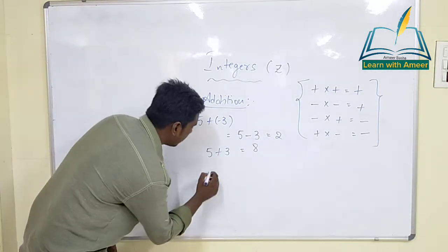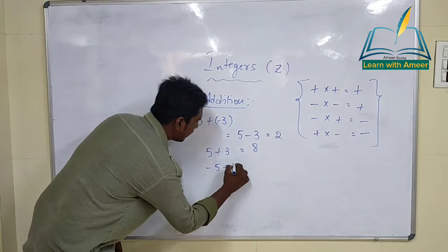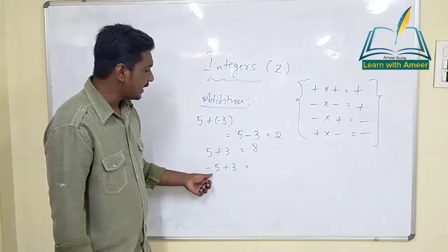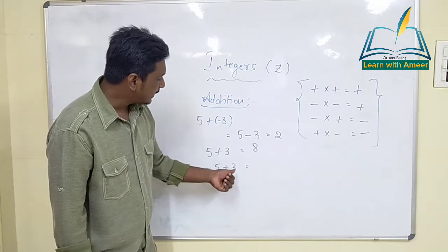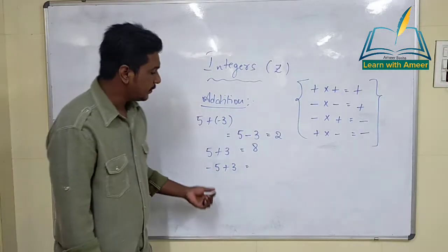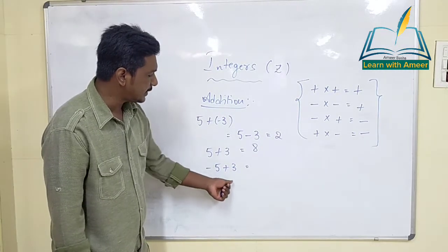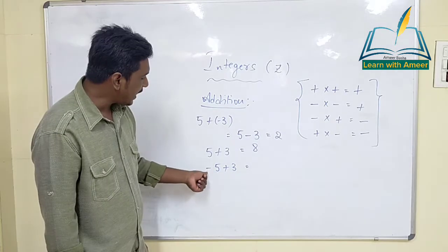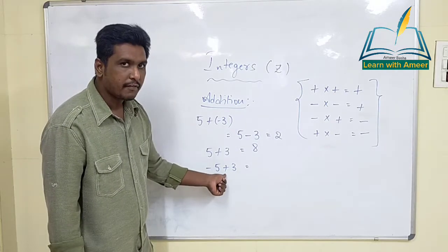So now imagine we have minus 5 plus 3. Now one more thing, children. Whenever we have two different symbols, here we have minus 5 and here we have plus.